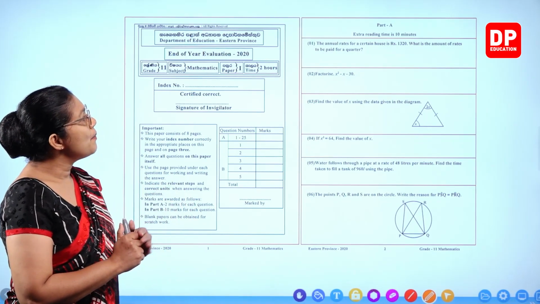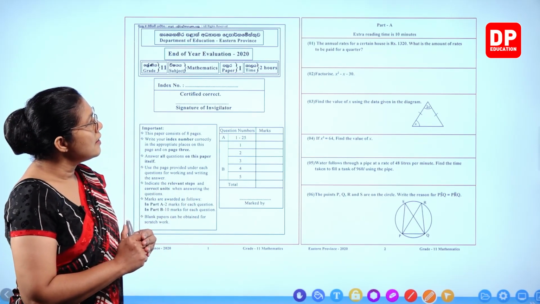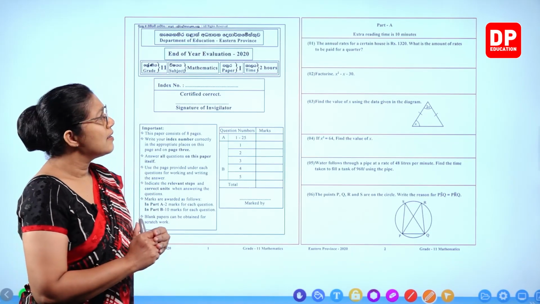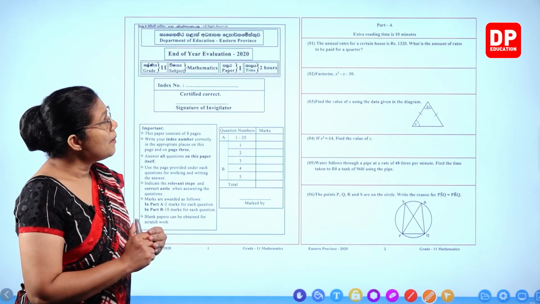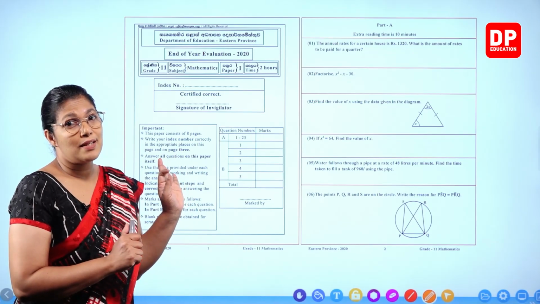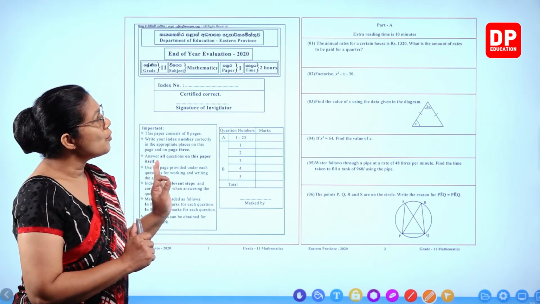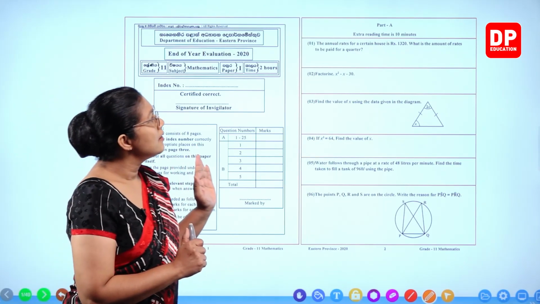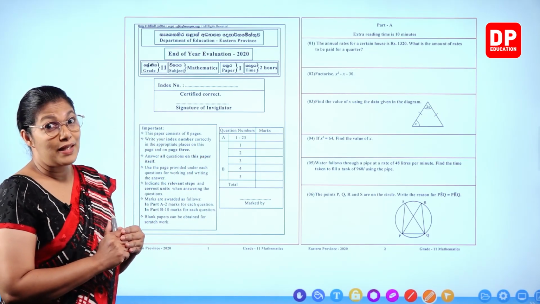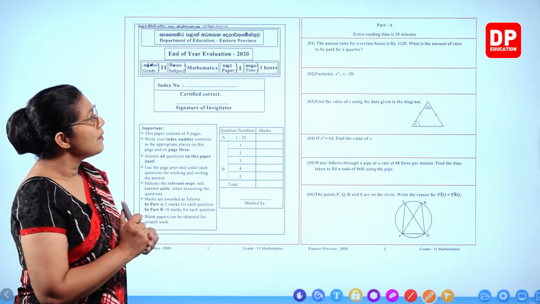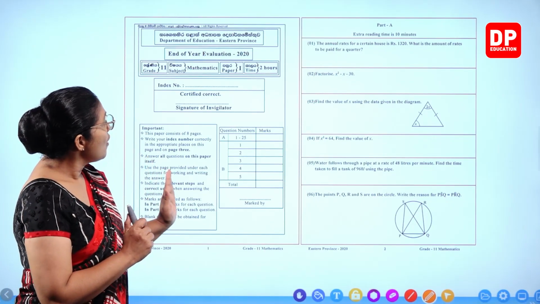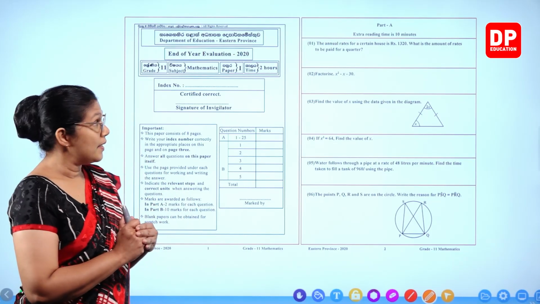And for part B, each question should take a maximum of 12 minutes. Okay, so don't try to take more than 12 minutes. Maximum 12 minutes, not minimum. And you have to answer 5 questions as well.